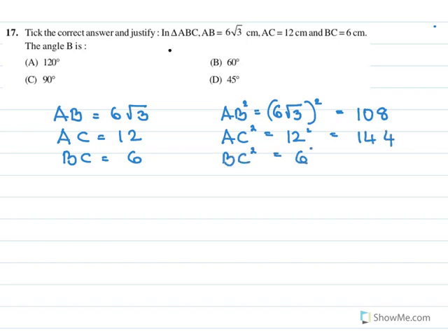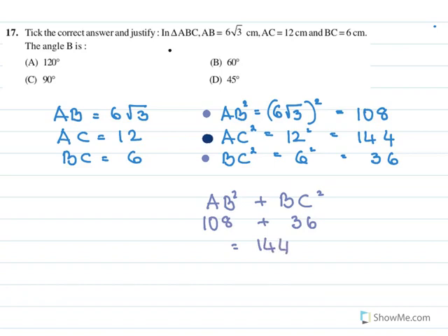BC square, 6 square, 36. Now take the two smaller sides, AB and BC, and add them up. So let's add AB square plus BC square, 108 plus 36, which is equal to 144. And if you notice, that is equal to our AC square, which is also 144.